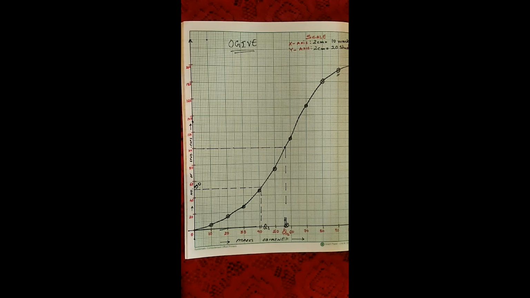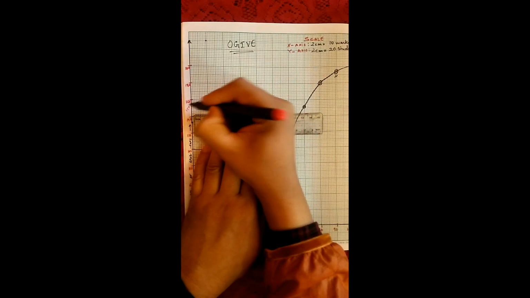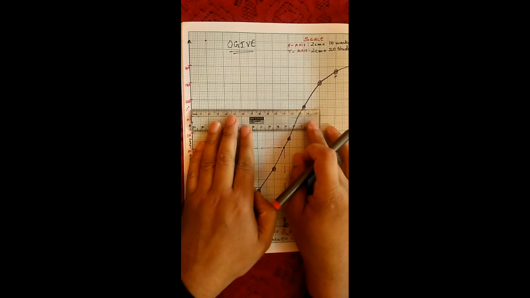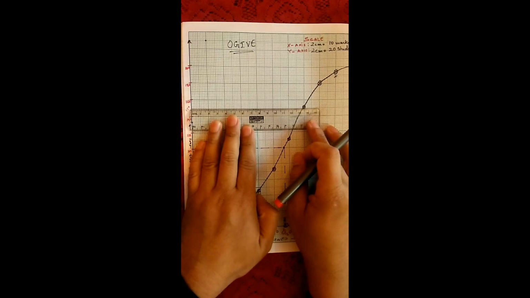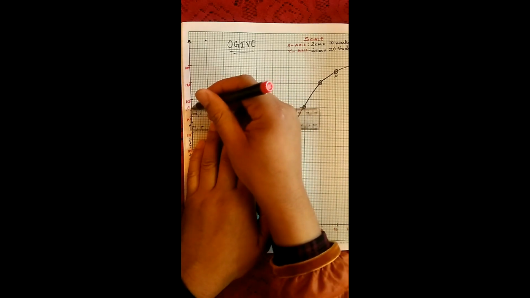Now let us draw a line corresponding to 150. So my 150 is here. From here I'm going to draw a horizontal line.